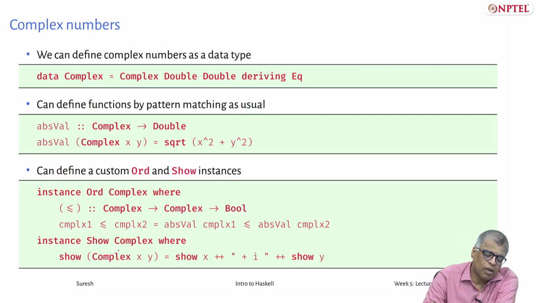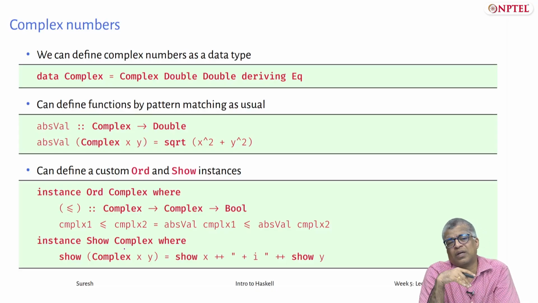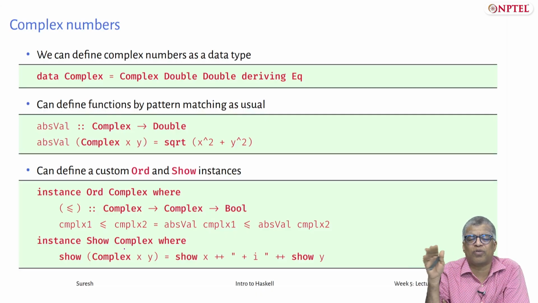You can say complex number 1 is less than or equal to complex number 2, because there is no less than or equal to mathematically defined for complex numbers. I can just give my own cooked up definition. I will say that one number is less than another if the absolute value of complex number 1 is less than or equal to the absolute value of complex number 2.